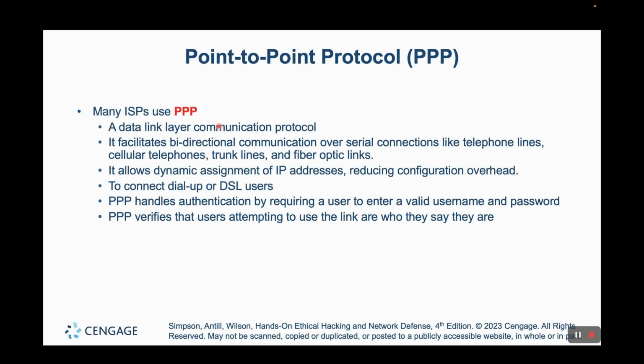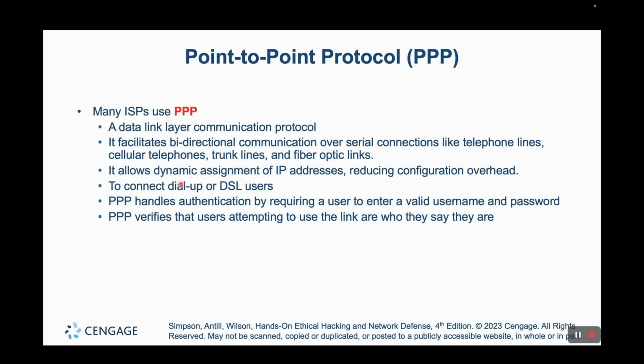Now, the first one here, many ISPs use PPP. It's based on the data link layer. And basically, it facilitates bi-directional communication over serial connections, like telephone, cellular telephones, trunk lines, and even fiber optic links.